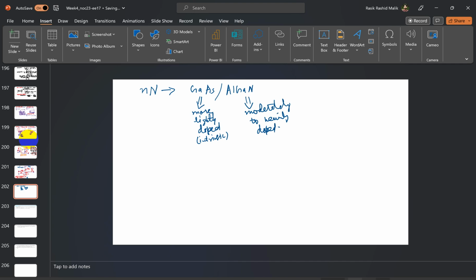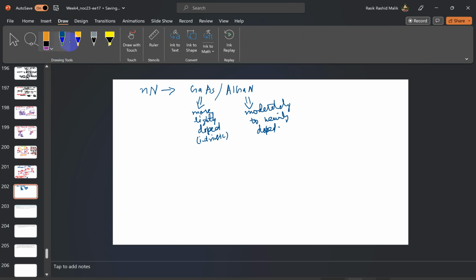So let's draw the band diagram for this type of heterojunction. Then we will discuss the special features of this type of heterojunction, the two-dimensional electron gas, and the triangular potential well at the interface. So let me draw the band diagram first in thermal equilibrium.